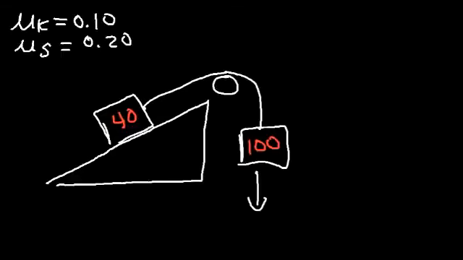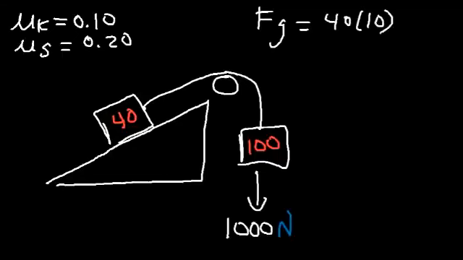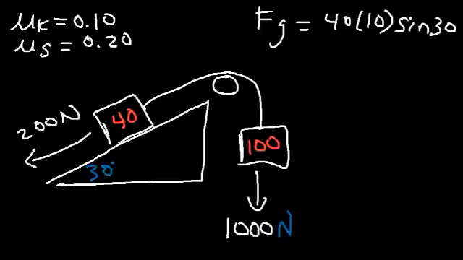So the weight force is mg, 100 times 10, which is 1,000 newtons. F of G, which is mg sine theta, is going to be 40 times 10 times sine 30. So 40 times 10 is 400 times a half, that's 200. So we have a downward force of 200.